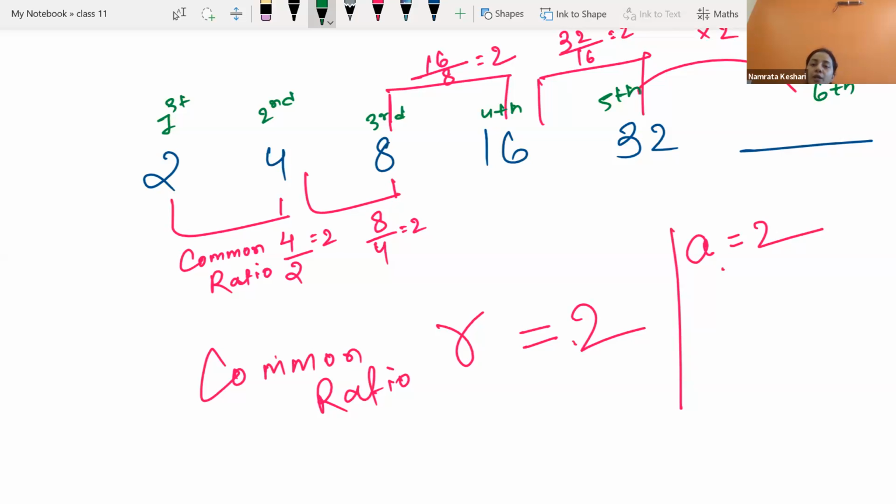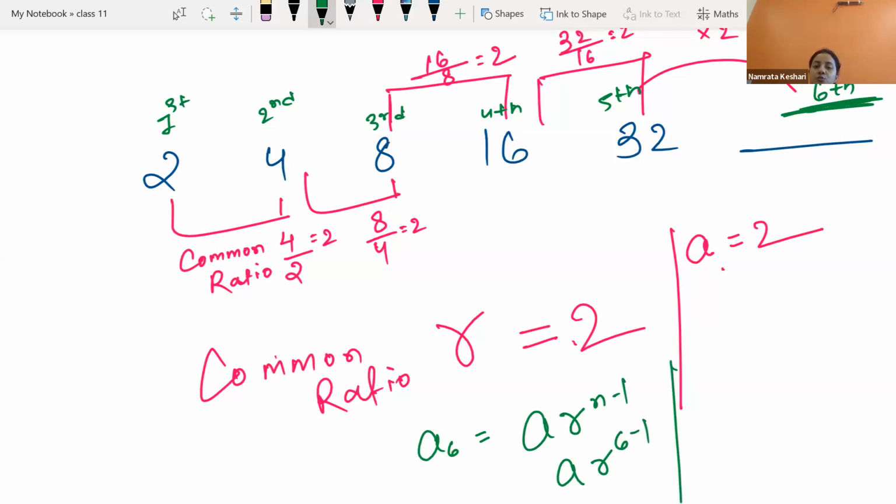Yes, I can find it by just noticing the pattern, but I want to use the formula. The formula says that to find the sixth term, a6, the formula is a r to the power n minus 1. That means a r to the power 6 minus 1, since we want the sixth term.